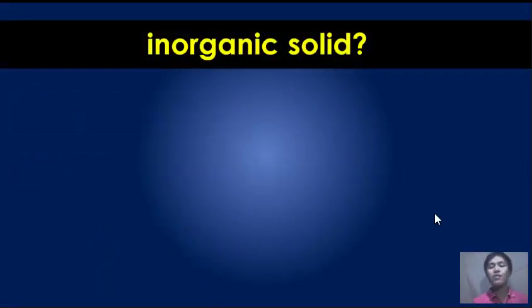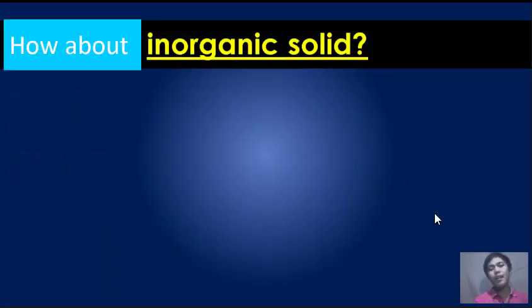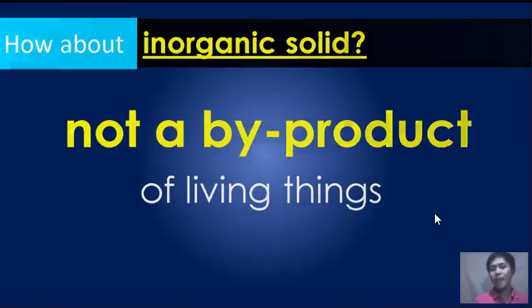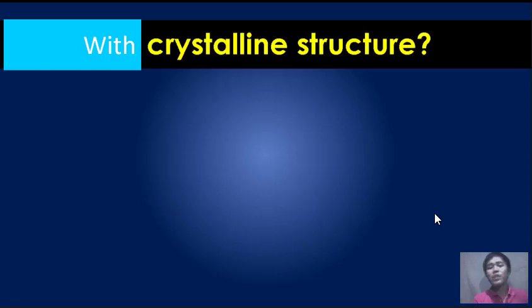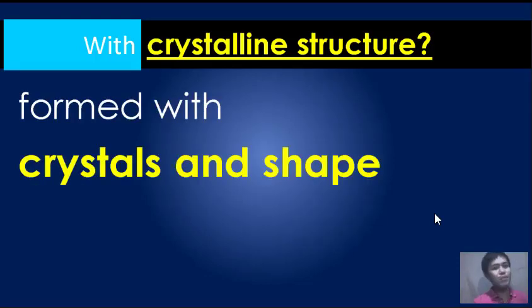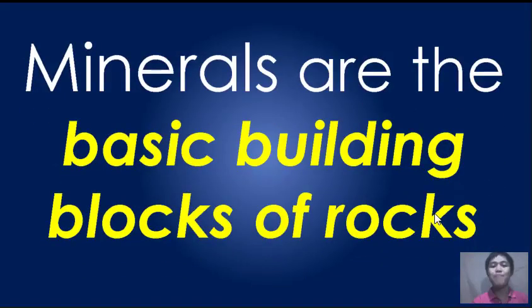Second, when we say inorganic solid, a mineral is not a byproduct of living things. Next, how about crystalline structure? Of course, by the word itself, a mineral is formed with crystals and shapes. Now it is said that minerals are the basic building blocks of rocks.